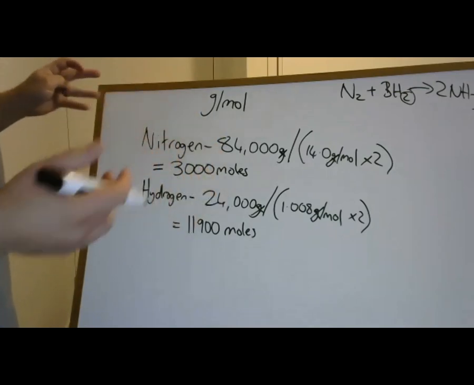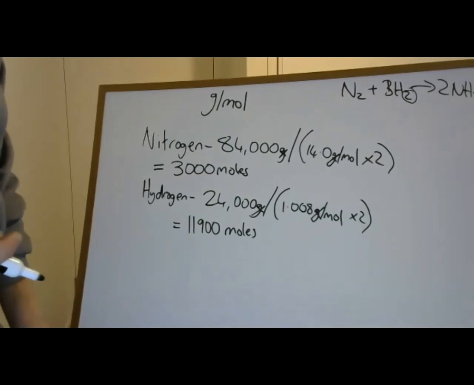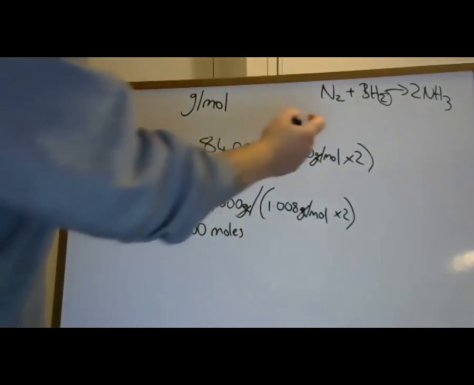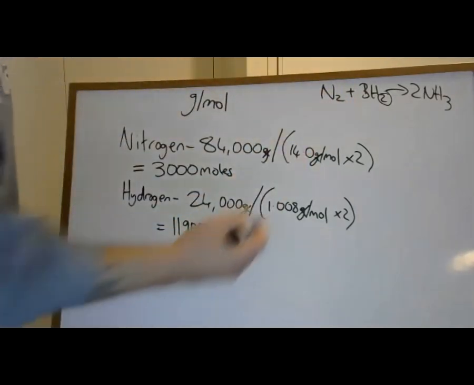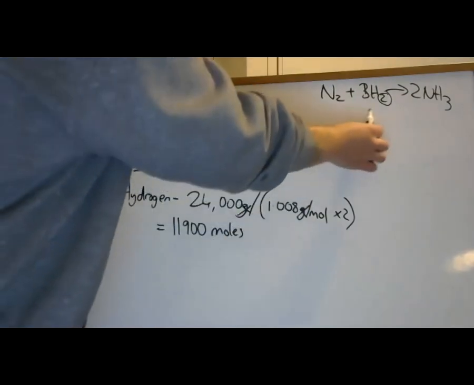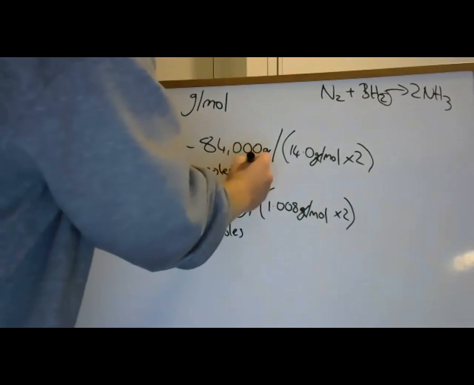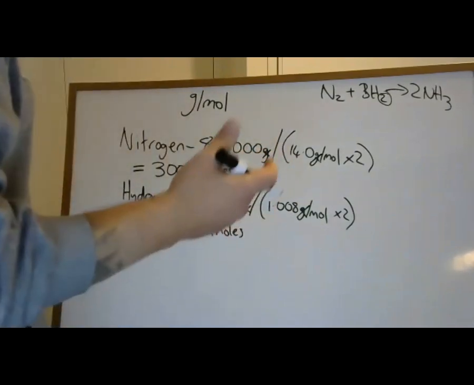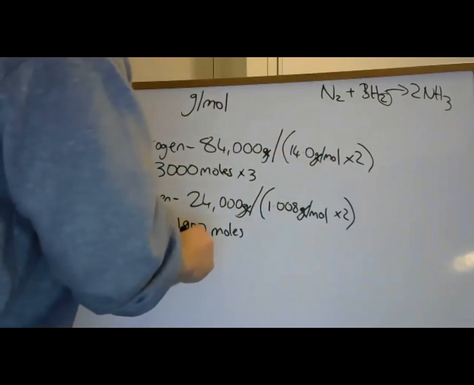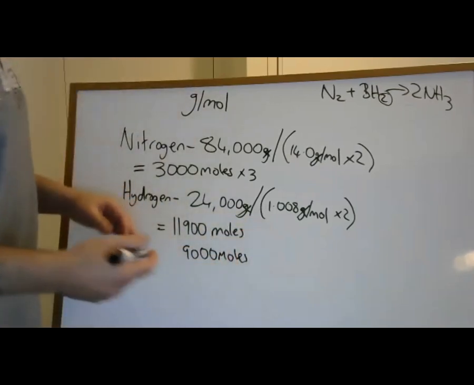And now we need to determine which one will run out first. This balanced equation tells us that 1 nitrogen reacts with 3 hydrogen. So we need to times this by 3. And look at that. There's still more hydrogen available than there is nitrogen.